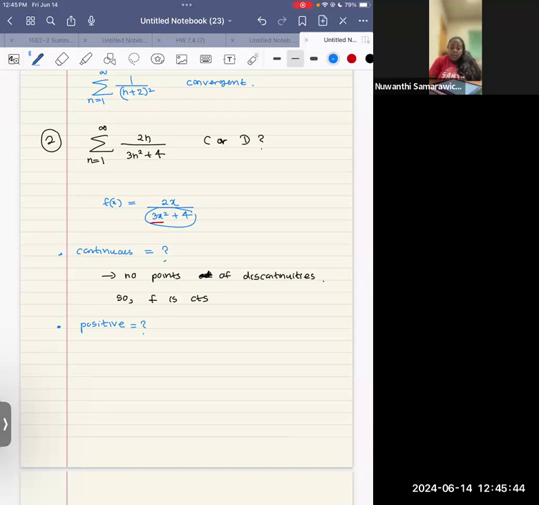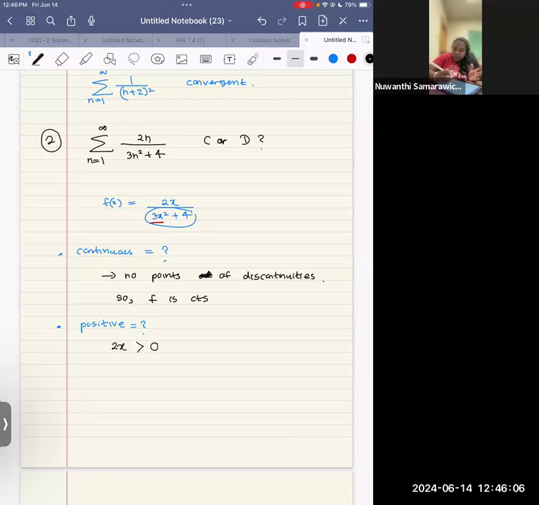Why? Like I said before, the denominator is always positive because it has 3x squared. Then the only term we have to check is the numerator, 2x.